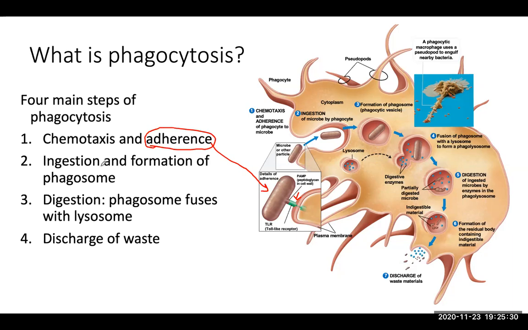And then once it grabs onto it, it's going to bring it into itself. So it's going to create a phagosome. It's going to invaginate and bring it into the cell, contained safely in a vesicle.